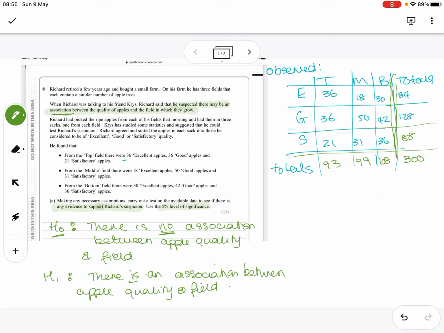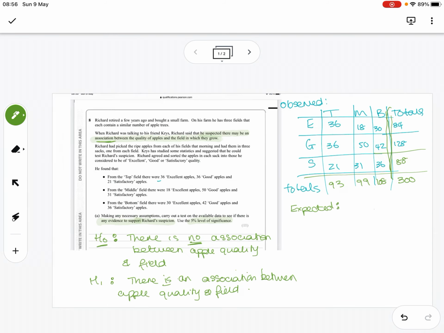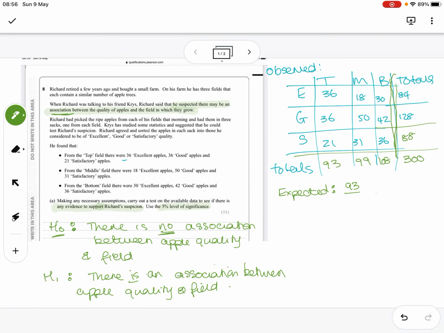At this point I'm going to go to my calculator, because we need to work out the expected values. The idea is you work out one expected value to show that you know what you're doing. To get the top expected value, we want 93 300ths of 84, or 84 300ths of 93.